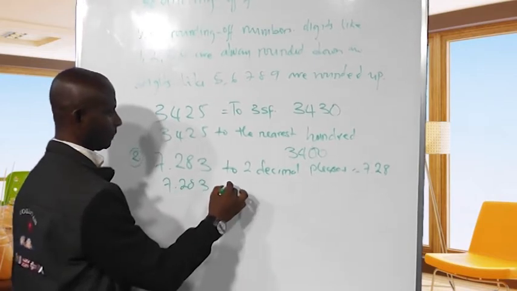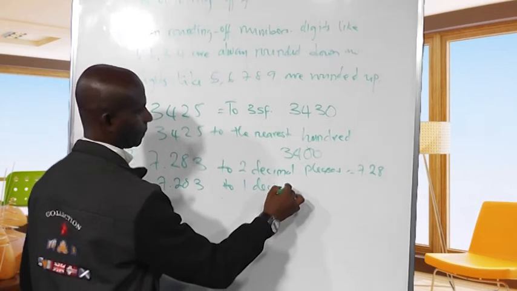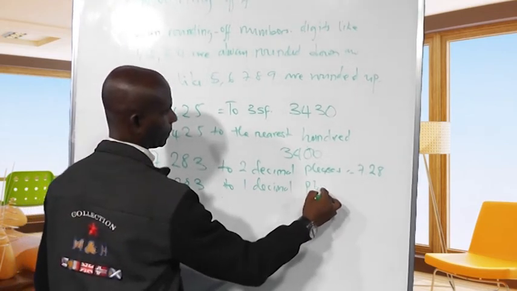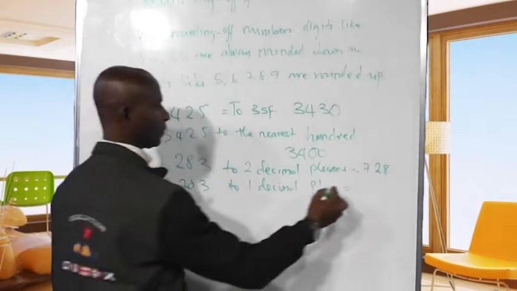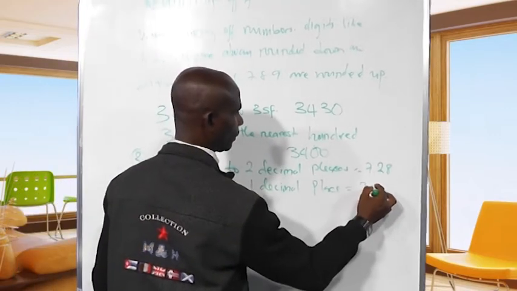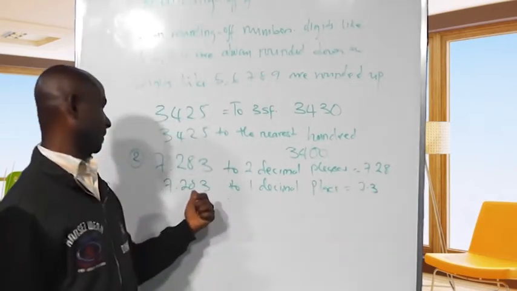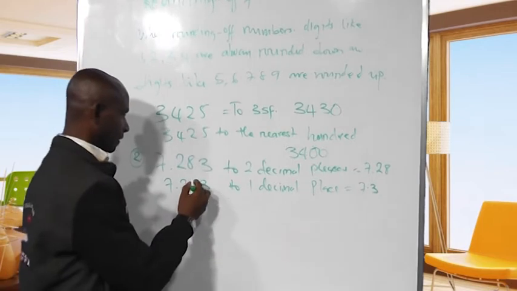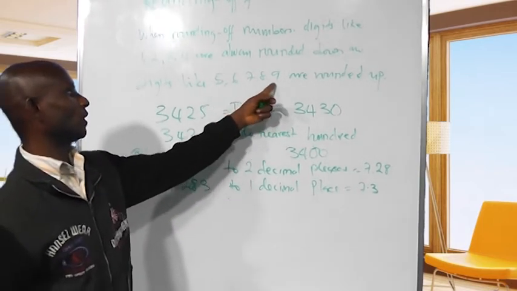Then if we want to convert it to 1 decimal place, we'll have 7.3. Why are we having 3 here? We discovered that 8 is bigger than 5. 8 falls between these numbers.